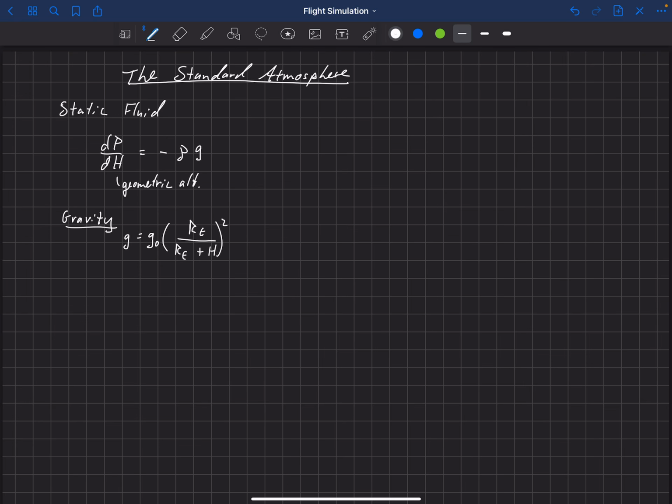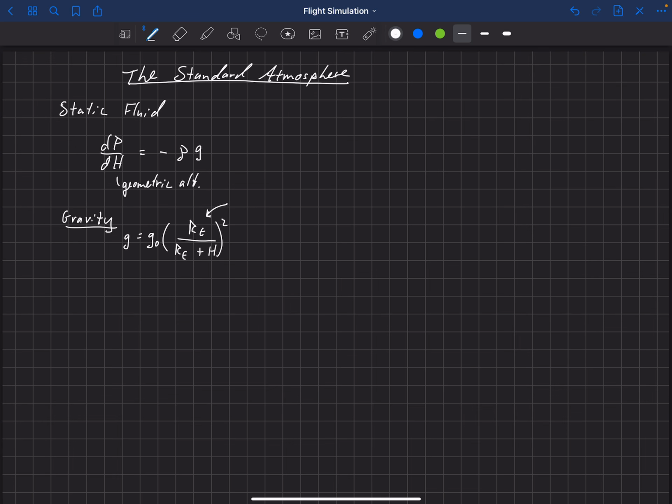Okay, so the radius of the Earth, we're assuming basically that the Earth is a perfect sphere, which it's not. It's actually closer to an ellipse, and actually it's not even a perfect ellipse. But for our purposes here, we're going to assume that it's a perfect sphere.